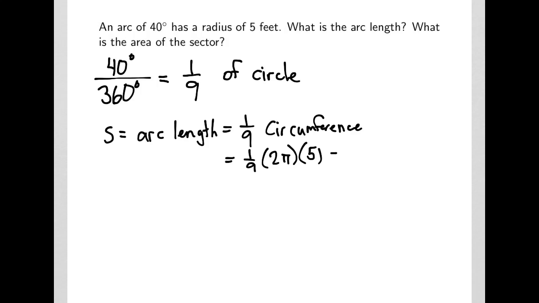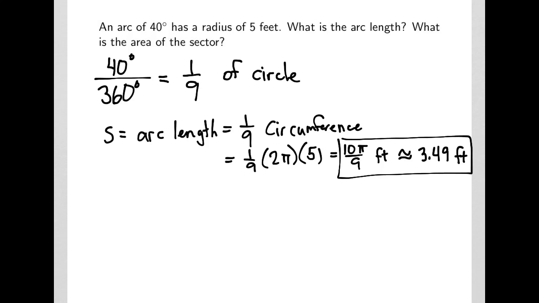And so I get 10 pi over 9 feet. In decimal values, this would approximately be 3.49 feet. Notice I'm giving the exact value, not just the decimal value. I need to know the exact value.